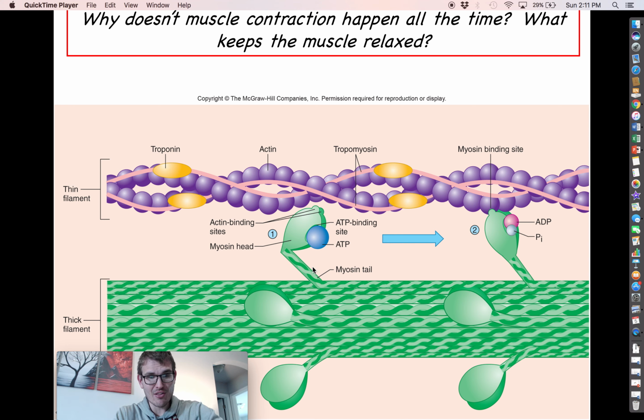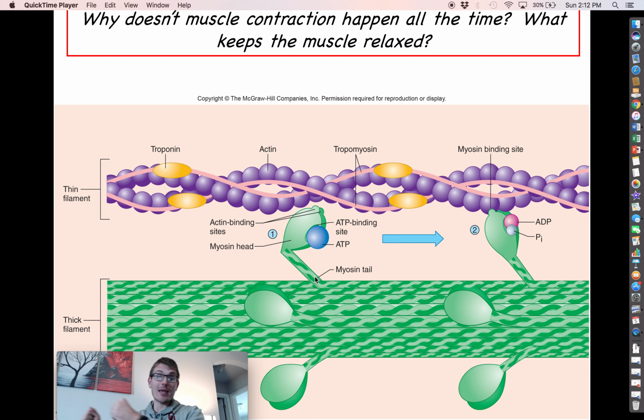The interesting thing that I didn't really tell you before is that even in relaxed muscles, so go ahead and relax your body as much as you possibly can, in all of your relaxed muscles right now, your myosin heads are already cocked back and ready to go. They have already utilized their ATP to cock back into place. So the question is, what is keeping your muscles relaxed?